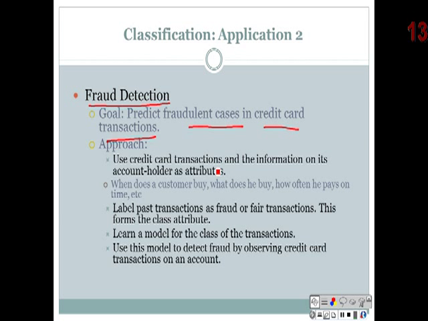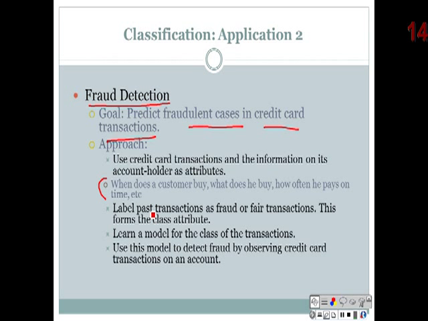This is all information built upon the information the customer gave to that bank account. So when does a customer buy, what does he buy, how often does he pay on time, etc. And all of this is an automatic system, not manual, of course, because they have hundreds of thousands of users. They cannot track them manually.